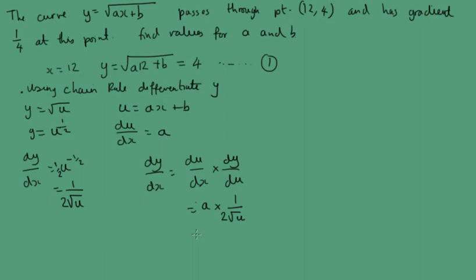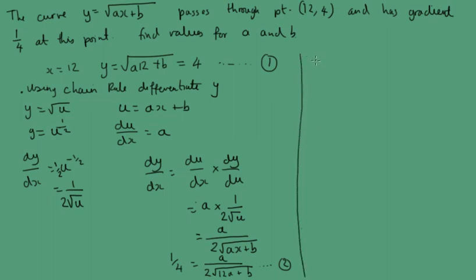So we'll put that back in, so we will have a over 2 root (ax plus b), and we know at point (12, 4), the gradient is a quarter, so a quarter must equal a over 2 root (12a plus b), and we're going to call this equation 2.